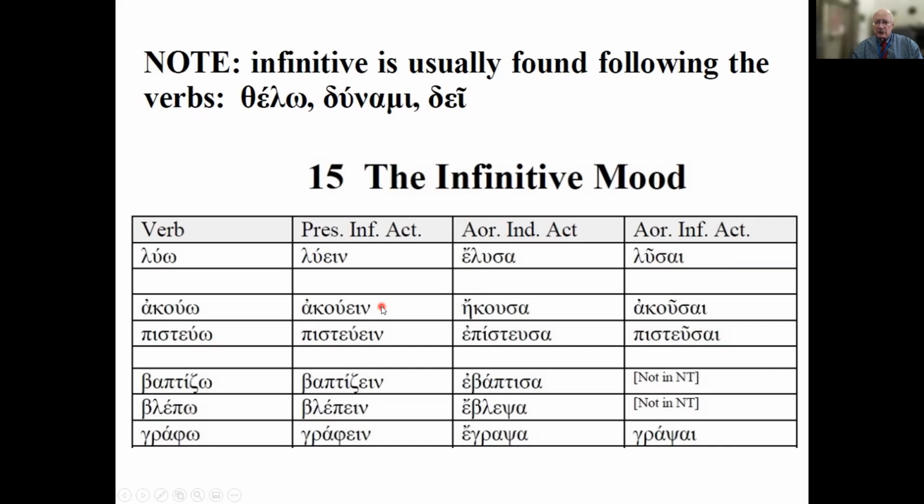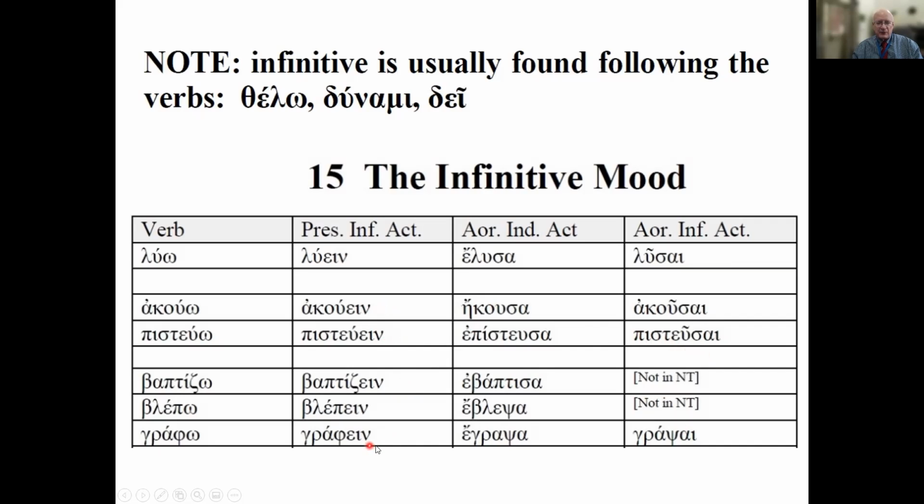And right now we know no difference between present and aorist tense with the infinitive. To hear, to hear. To believe, pisteuein. Pisteusai, to believe. Baptizein, to baptize, infinitive. The aorist infinitive is not found in the New Testament.